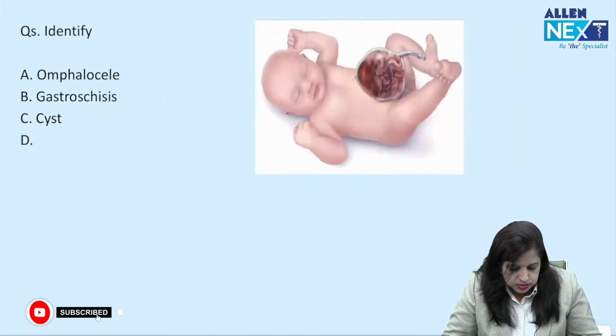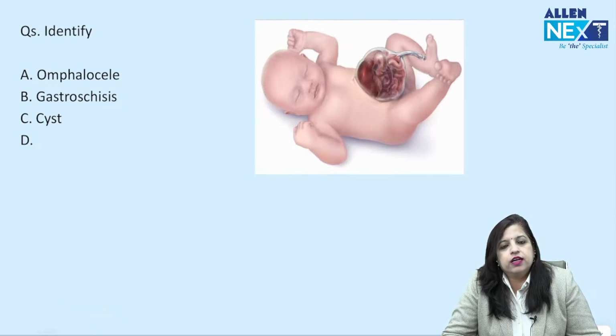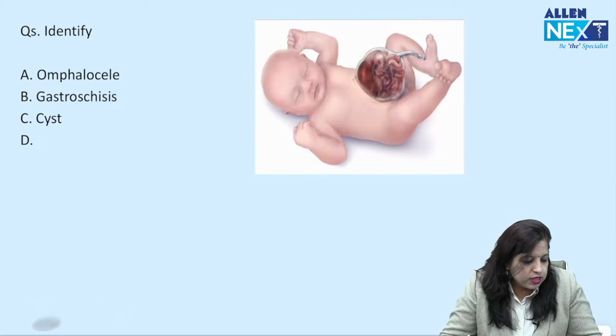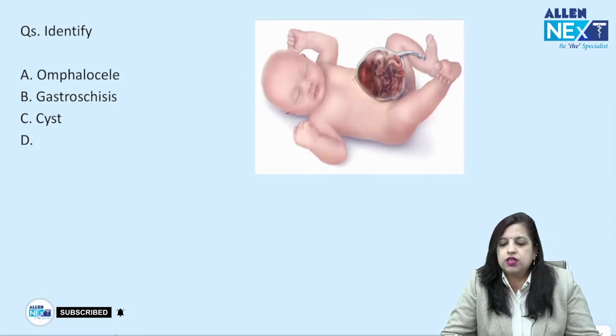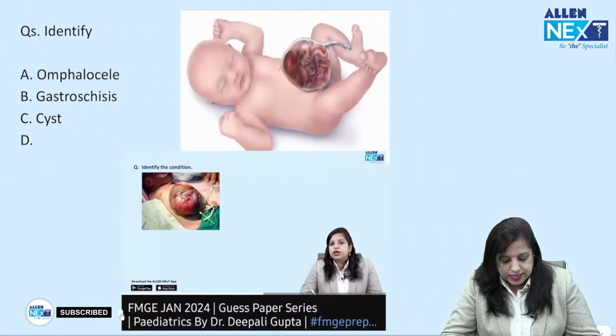The next question was: identify this child with the lump over here. We had discussed this question in detail. This is something which protrudes out of the abdomen and is covered by a covering, and this covering tells you that this is omphalocele. I had given this question in our Guess the Paper series.